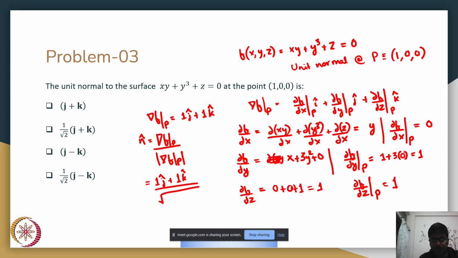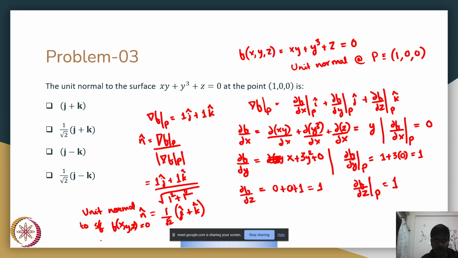The magnitude would be the square root of 1 squared plus 1 squared, so you get 1 by root 2 times j hat plus k hat. So this would give you your unit normal n hat to the surface f of xyz equal to 0 at point P given by (1, 0, 0). So option B.